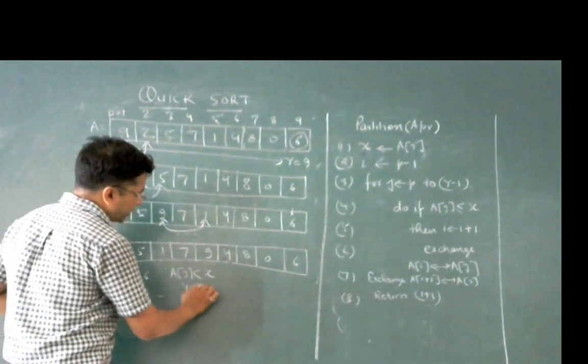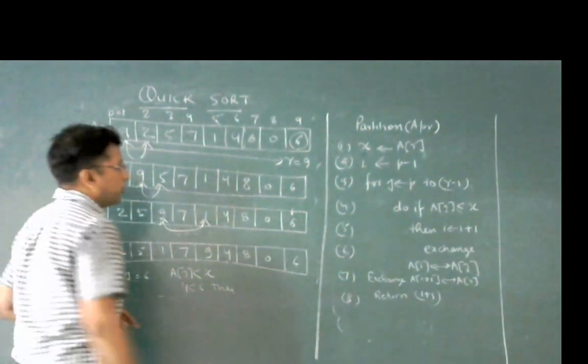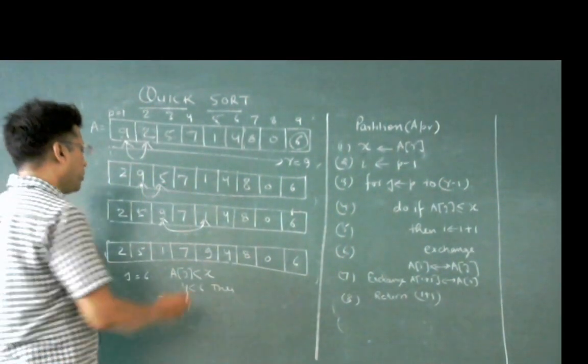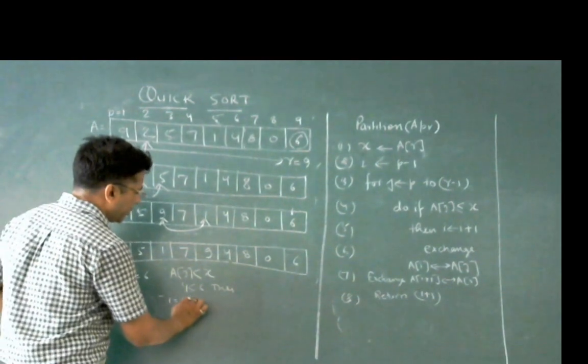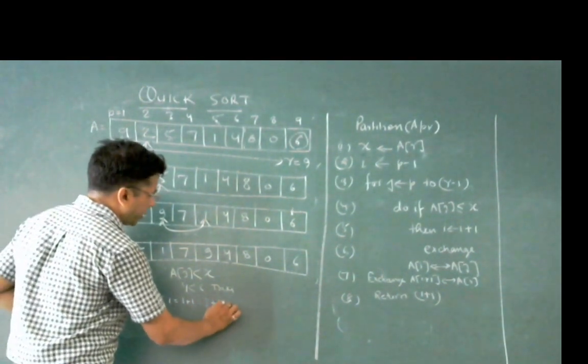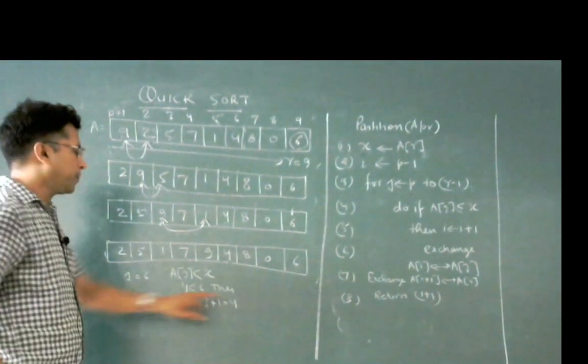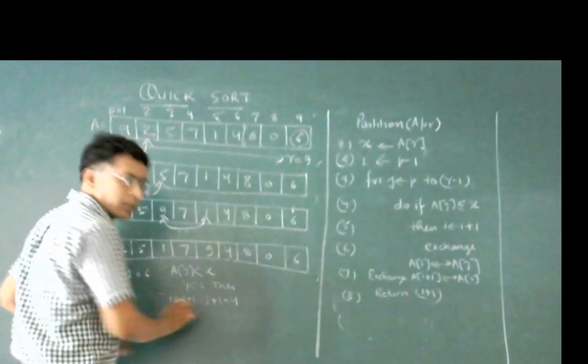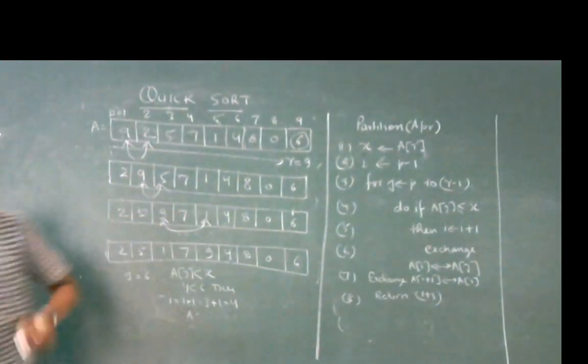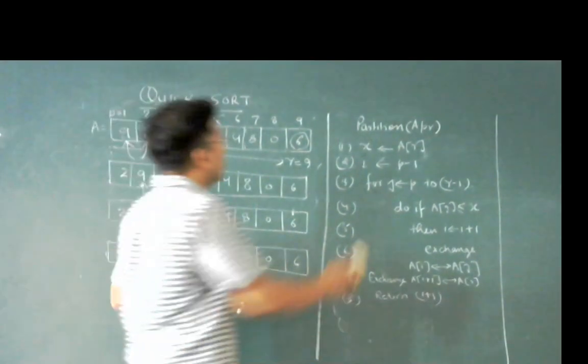Because 4 is less than 6, true. So in this situation what will we do? i is equal to i plus 1, meaning 3 plus 1 is equal to 4, and ai is below. Okay, I'm rubbing this part.